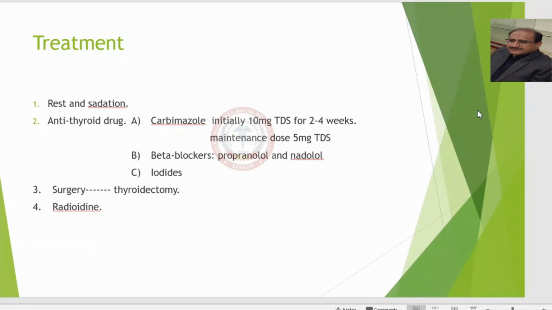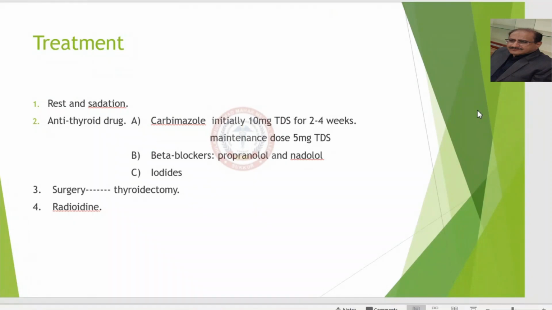But if unfortunately the toxicity is not controlled, we may prolong the treatment, but these antithyroid drugs like carbimazole have their own complications. They cause agranulocytosis, sore throat, and certain other complications like aplastic anemia.